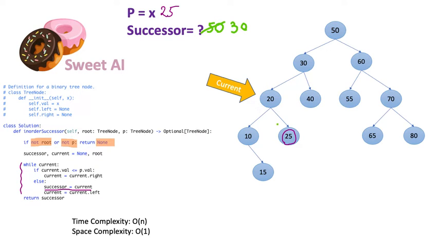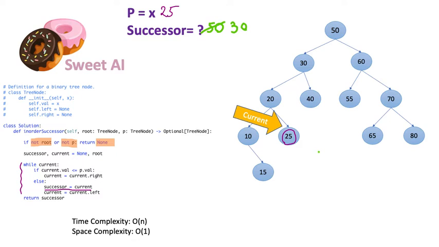So if it is smaller than 25, we don't need to update the successor, because we are looking for the smallest bigger number for the p-value. So we just need to go to the right side of this node, because we are looking for a bigger or equal value to 25, and now we compare this 25 with 25.